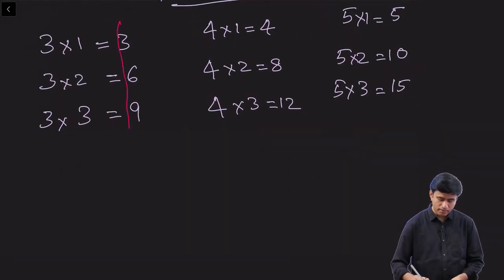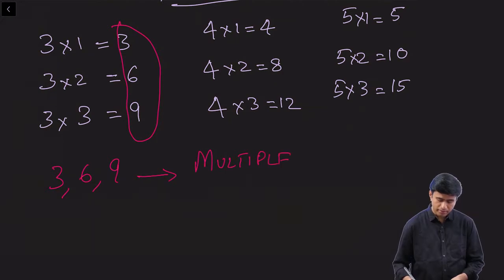In this table, 3, 6 and 9 are the multiples of 3.